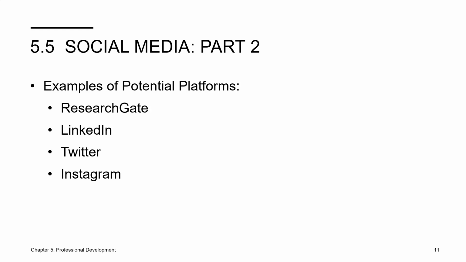Twitter, I think people are on Twitter a little bit less now, but it's still used for different opportunities. And then Instagram, which I don't think has as many uses because of the pictures, and it's harder to find links and things, but these are all great potential platforms.